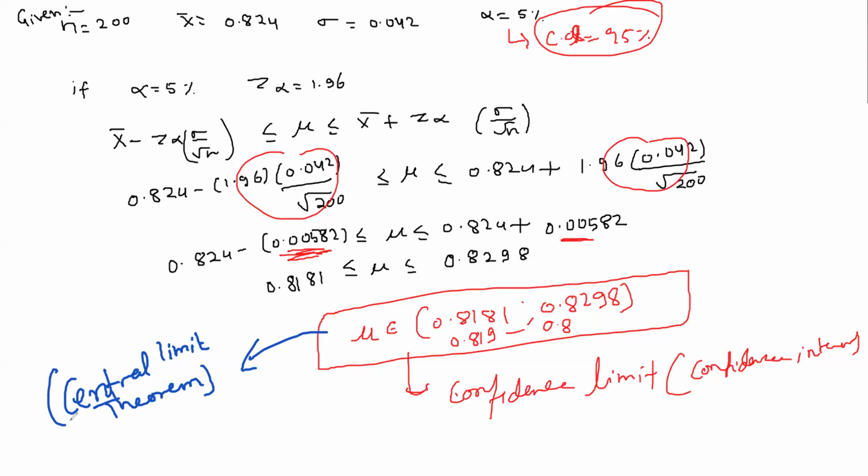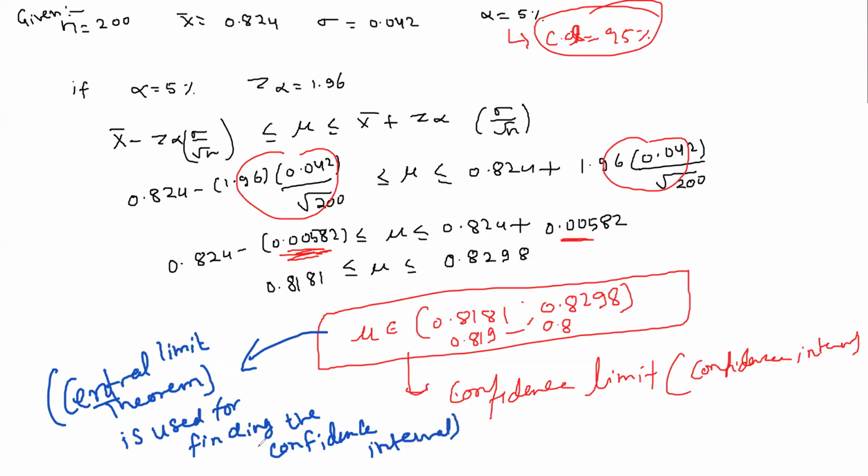Central limit theorem is for finding the confidence interval. I'm writing here, you can note down: central limit theorem is used for finding the confidence interval. And the formula for central limit theorem is this, right?